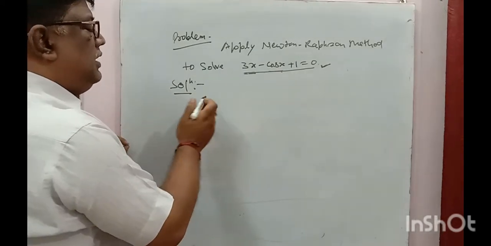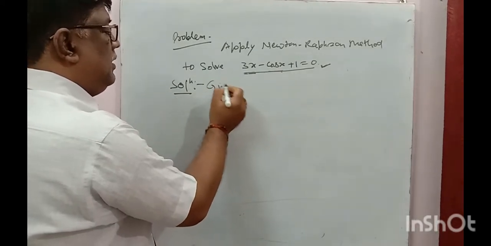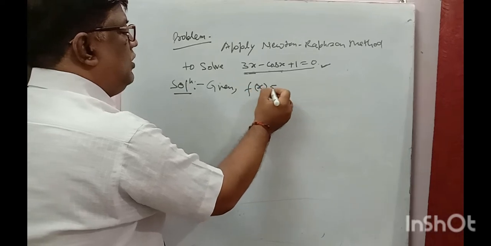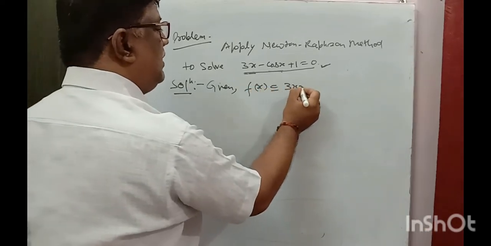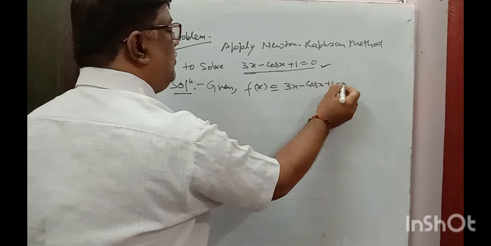First you write the solution, then write the given f(x) = 3x - cos x + 1 = 0.